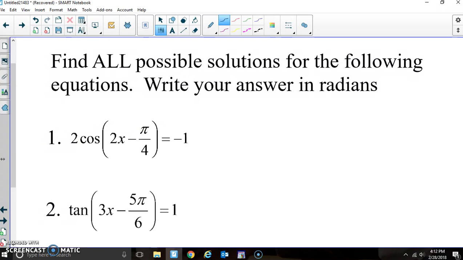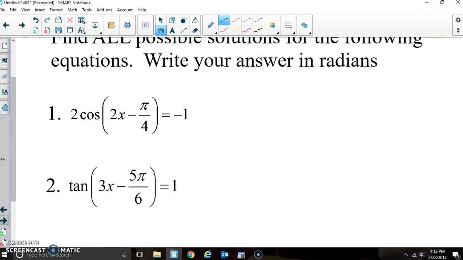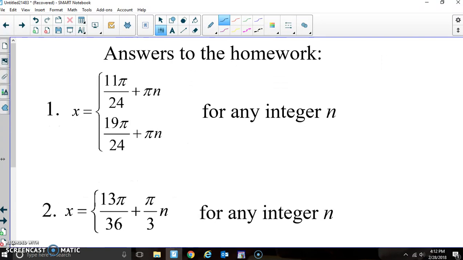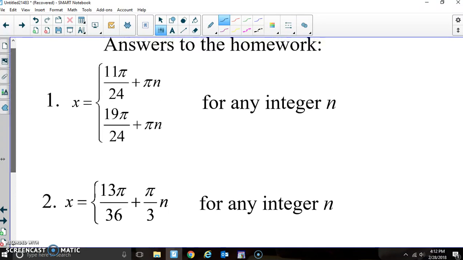Now, I'm going to put the answers on the next slide, so take the time to copy those down. Okay, so for the first one, you should get two sets. For the second one, you will only get one set of values.